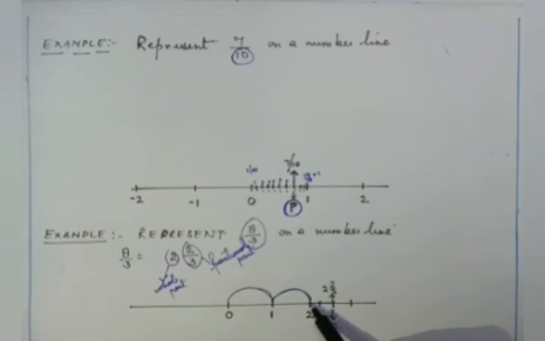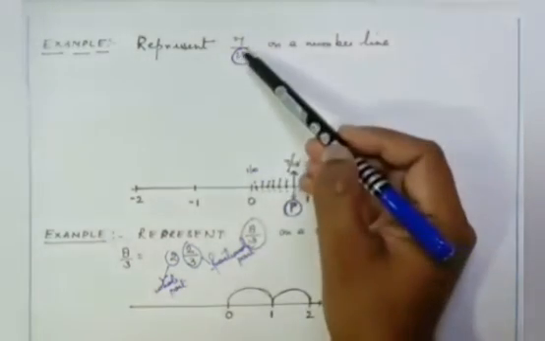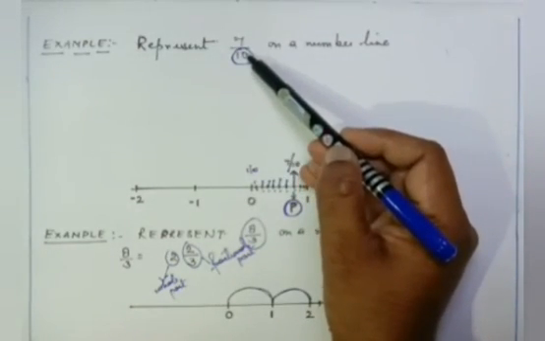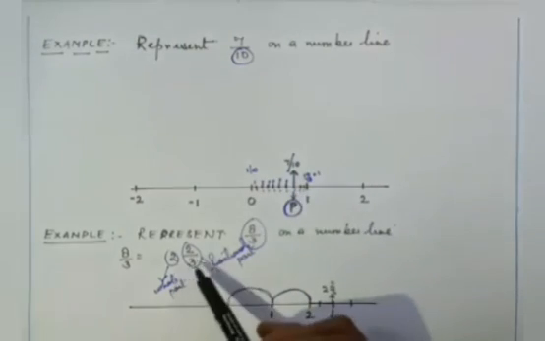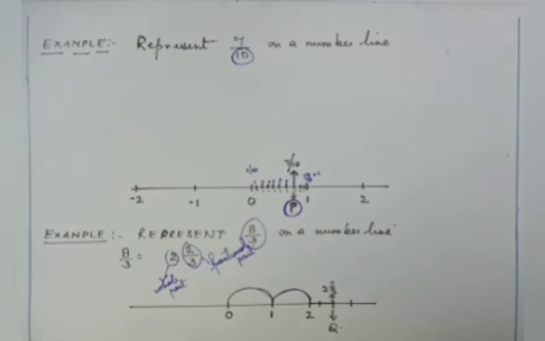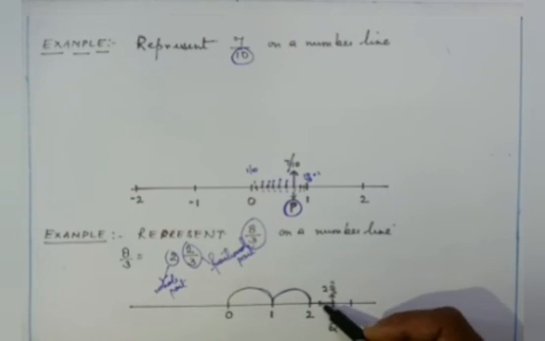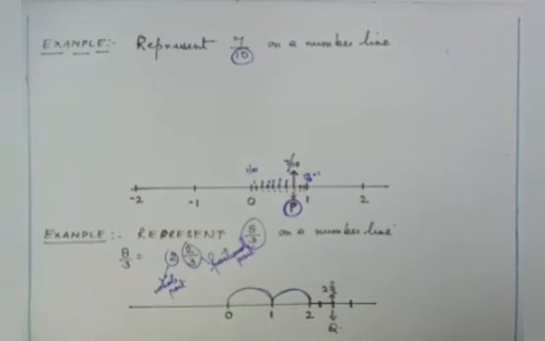So again I have to use the same method. Earlier the denominator was 10, so I divided it into 9 equal parts. Now over here the denominator is 3, so after 2 I have to divide it into 3 parts. 1, 2, 3. I hope it is clear to everyone.